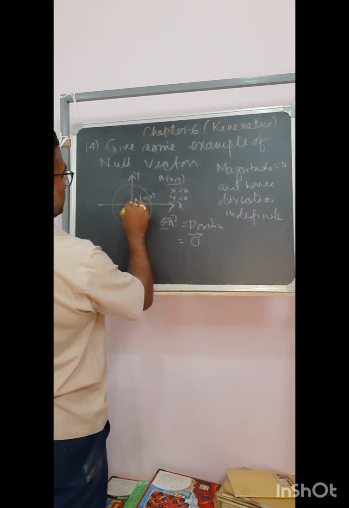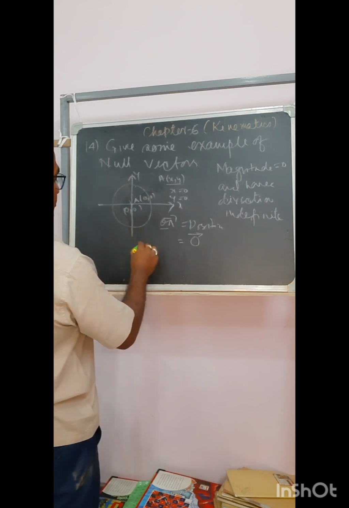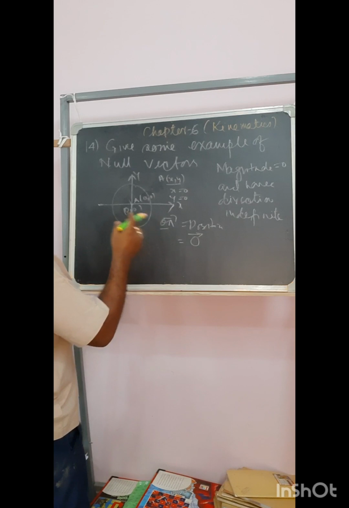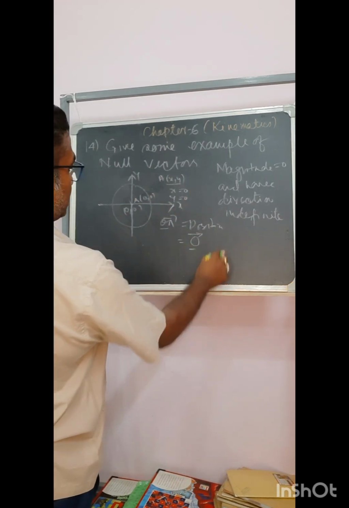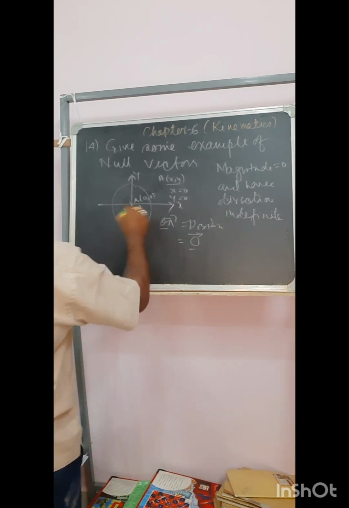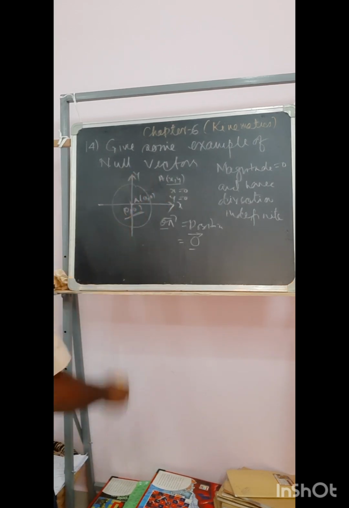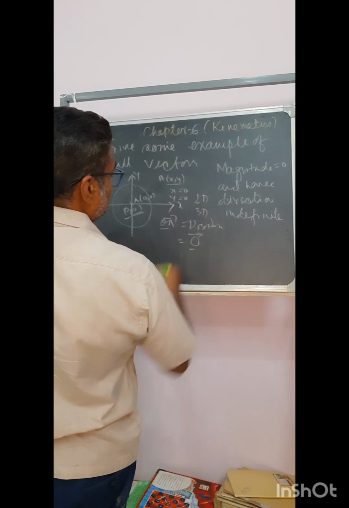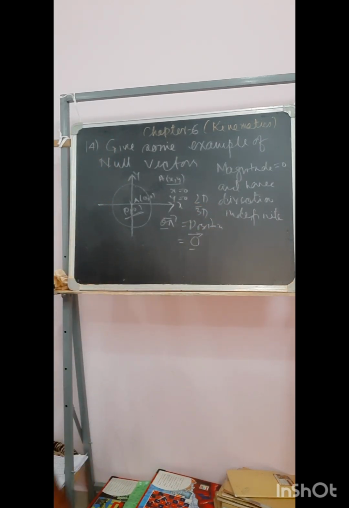Once the 2 points merge, this is nothing but a single point, and it could move in any direction. So this could be a null vector if I consider the origin itself, the origin of a coordinate system, 2-dimensional or 3-dimensional, any dimension you take, the origin is a null vector.